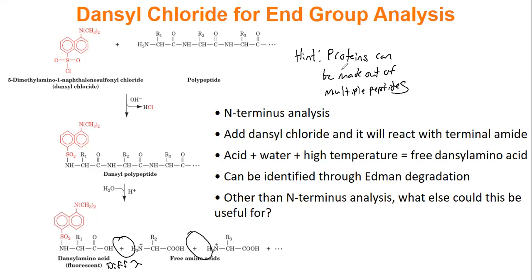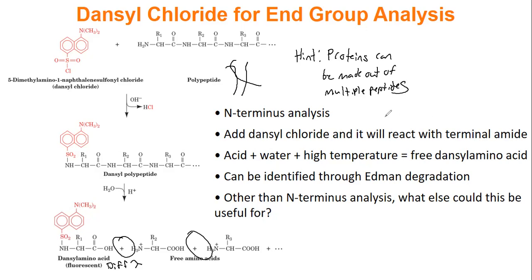So what this can be used for goes along with my hint. Let's say I have a new protein. I discovered a brand new protein. This method is to determine how many peptide chains are in your protein. And this is something we'll talk about when it comes to quaternary structure.